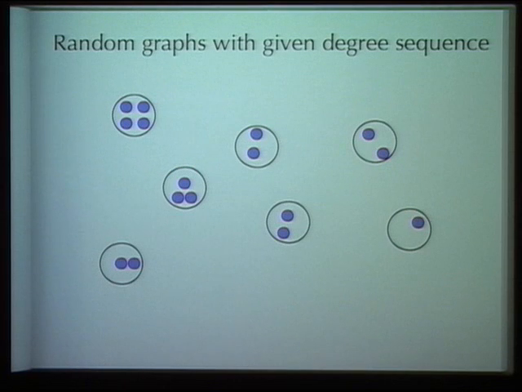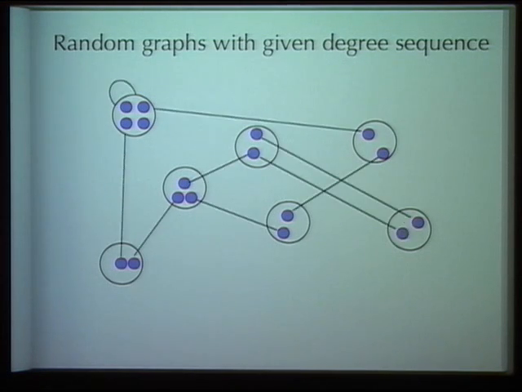And perhaps a more graphical way of seeing the same thing is we think of the vertices of the graph that we actually care about as the super vertices that carry inside them small vertices, as many as the desired degree for that vertex. And then what we do is we pick a uniformly random matching on the small balls, which we then interpret as a graph in this fashion.